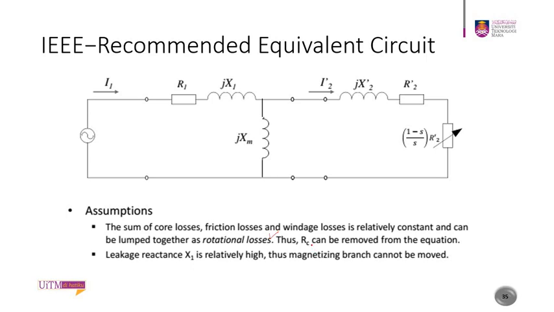Then RC can be removed from the equation. The leakage reactance X1 is relatively high, thus the magnetizing branch cannot be moved. So that's the IEEE equivalent circuit.